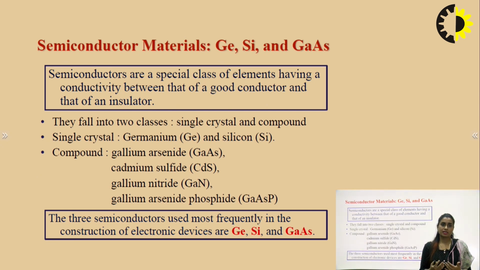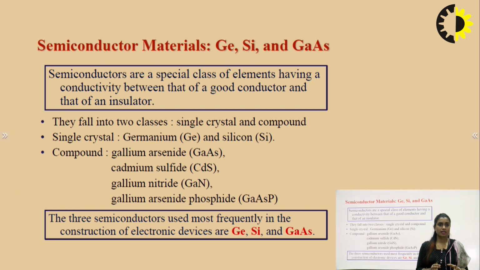So first of all, we need to understand what semiconductors are. Semiconductors are a special class of elements having a conductivity between that of a good conductor and that of an insulator. So their conductivity lies somewhere in between. They are not as good at passing electricity as conductors, and they are not as bad as insulators at resisting the current.